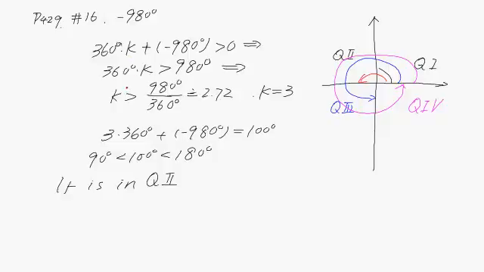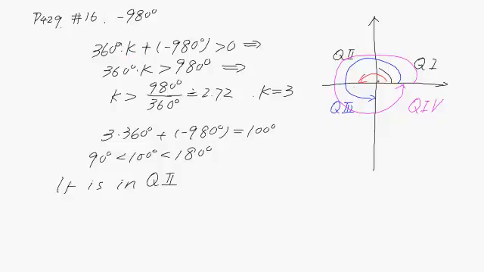Then you find the nearest integer which satisfies it and plug this integer into the expression to get the measure of the coterminal angle.